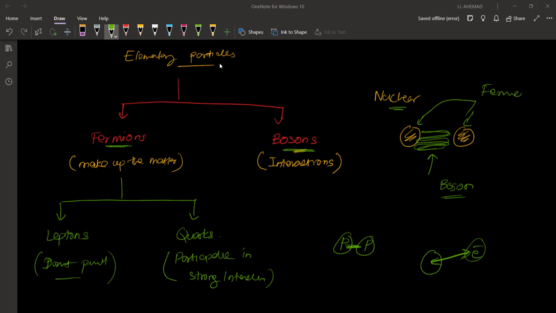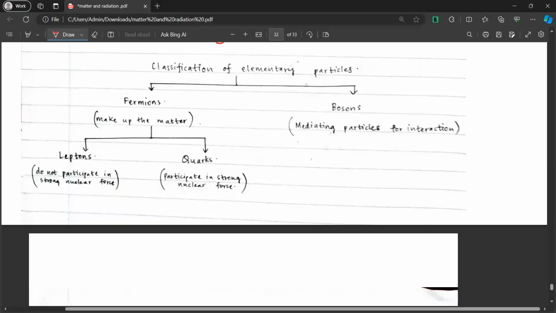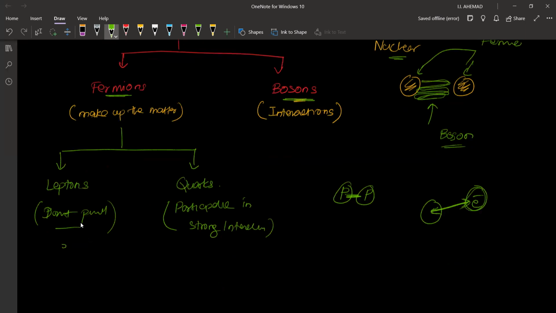So the electrostatic force, is it the strong interaction? No, it is the electrostatic force. So it is not the strong interaction. Therefore, does the electron involve in strong interaction? No. So electrons are an example for leptons.